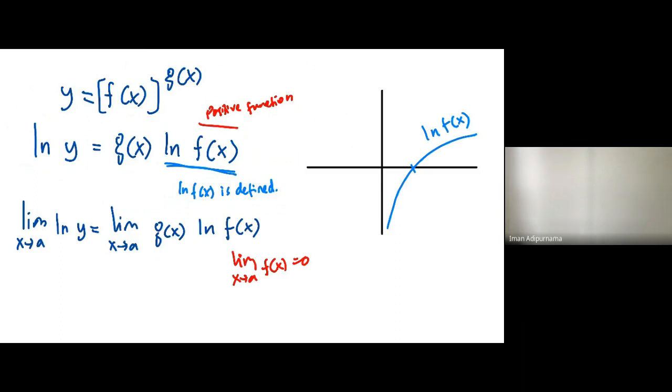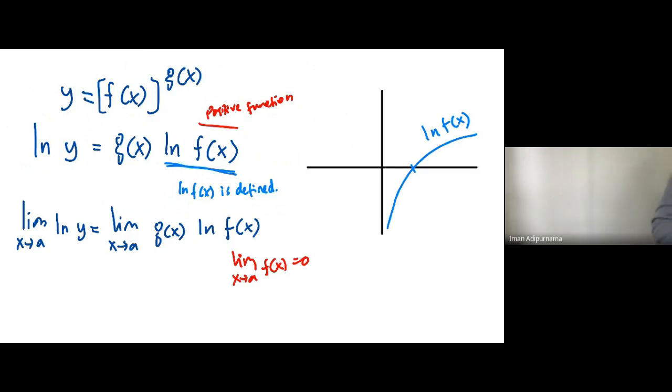So this is actually the limit as x approaching a of ln f(x). The f here is approaching 0. So if we look here, when we are going down to 0, it's going to infinity, but negative, right? So we can say that this will be negative here.